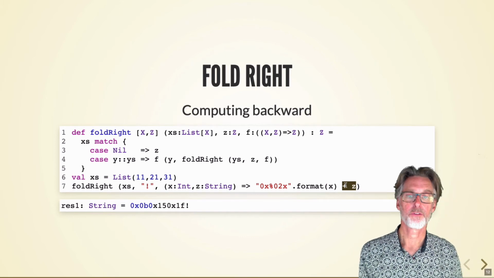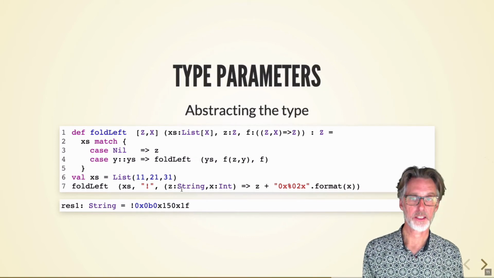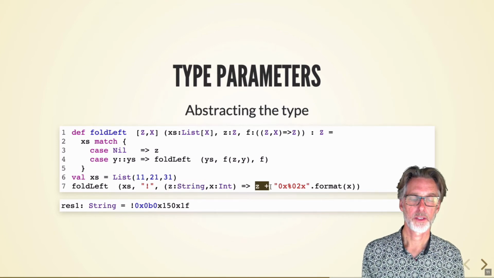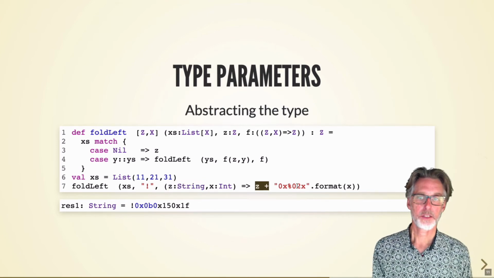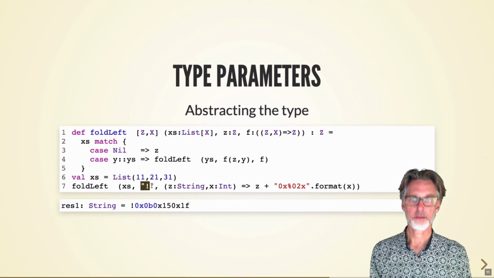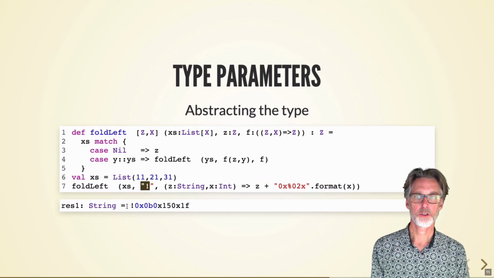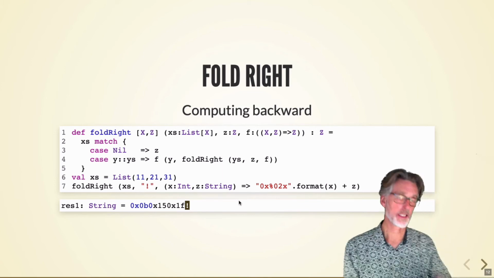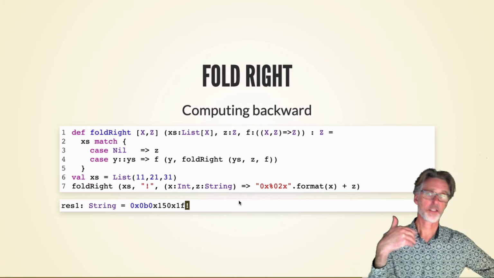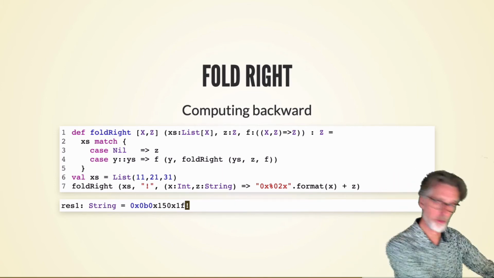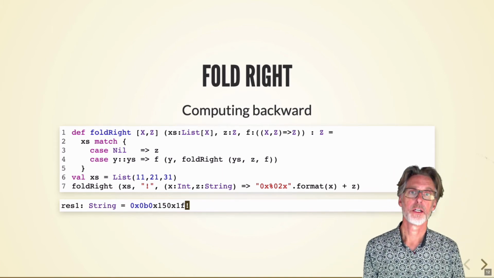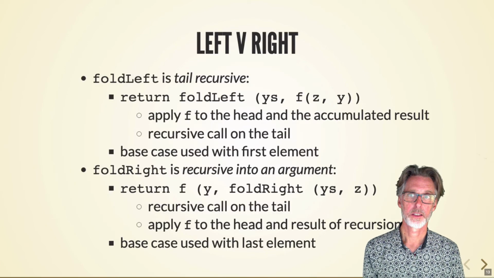That's the other way from folding from the left, where the string is coming on the left, and we add it in on the left. And you'll see here that the 0, the bang, which I initialize with, shows up on the left in fold left, and it shows up on the right in fold right. And that makes sense because I go all the way to the end of the list, and then I put the 0 and then start coming back. So that's fold left and fold right.